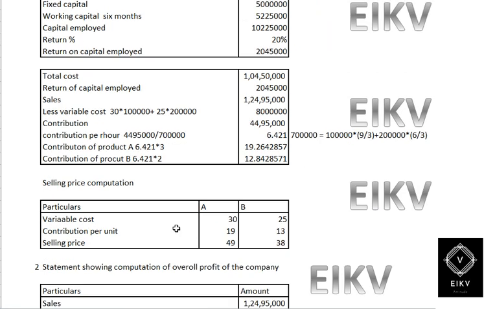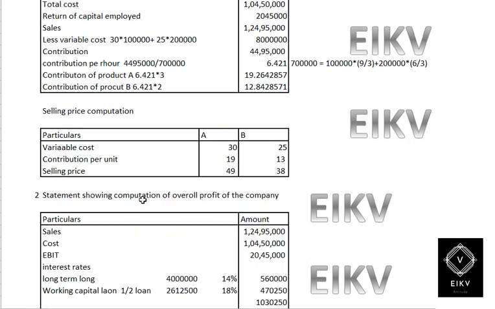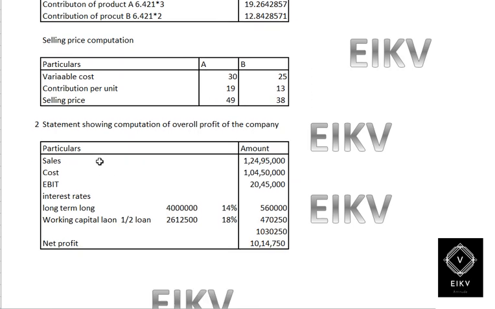The selling price will be the variable cost 30 and 25 plus 19.26 and 12.84, which will give you 49.26 and 37.84 as the selling prices.